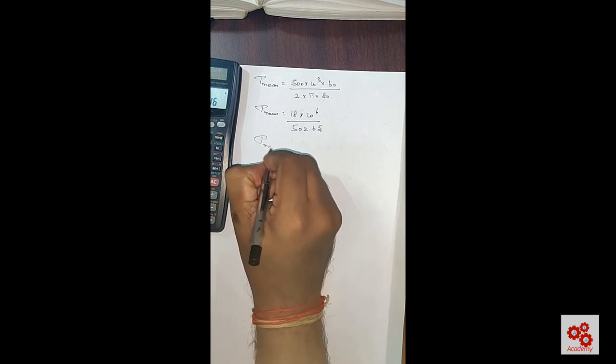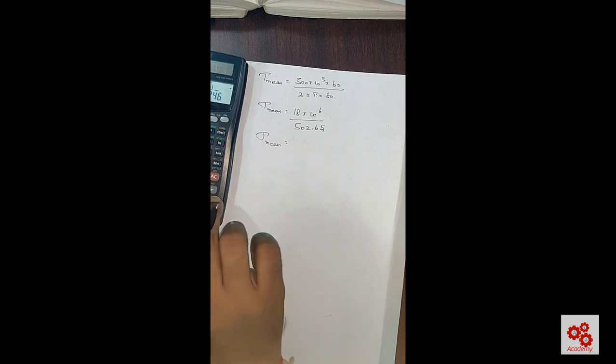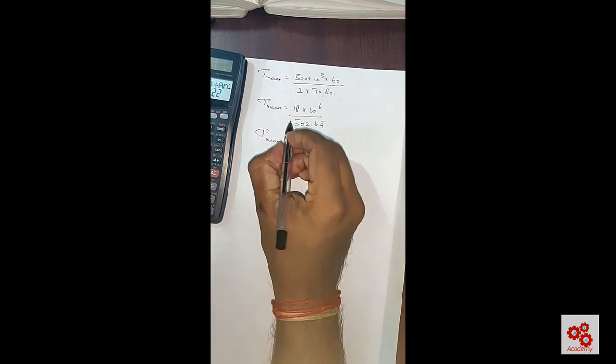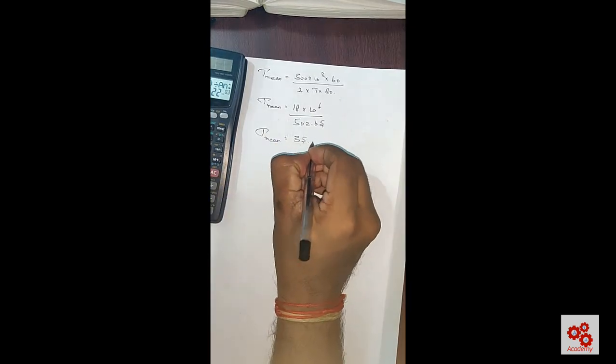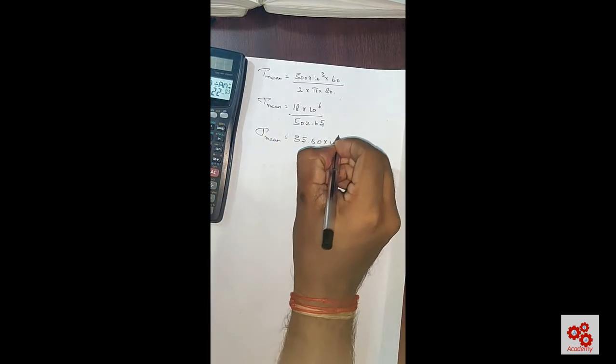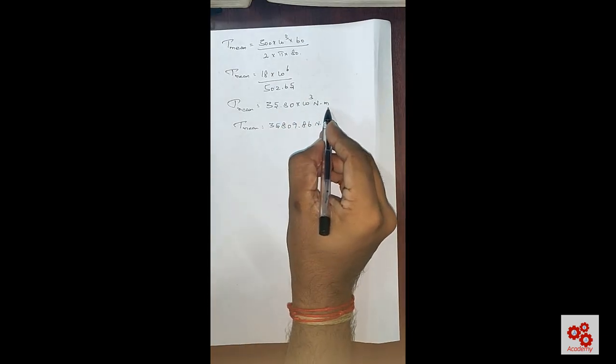So T mean is 18 into 10 to the power 6 divided by 502.65, which is 35.80 into 10 to the power 3 Newton meter.